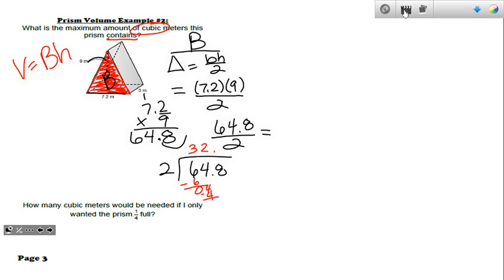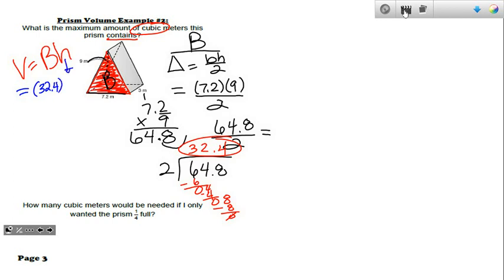And then boom, goes in there 4. So we know big B is 32.4. Awesome. So we found out what big B was. Once again, step at a time. Big B is 32.4.